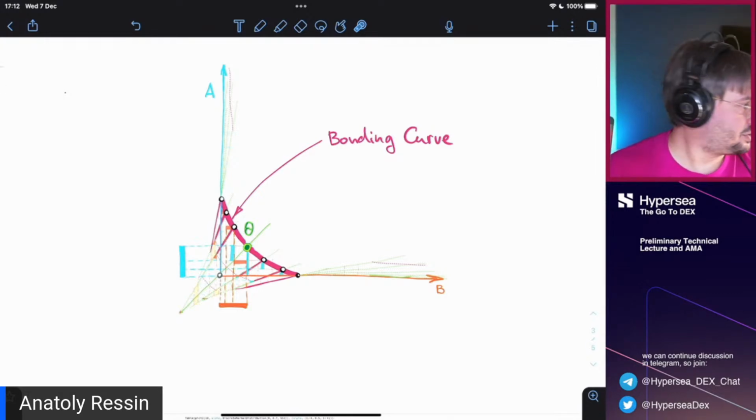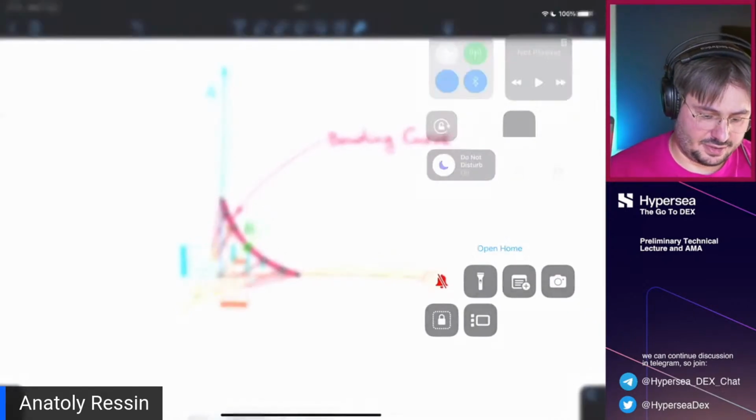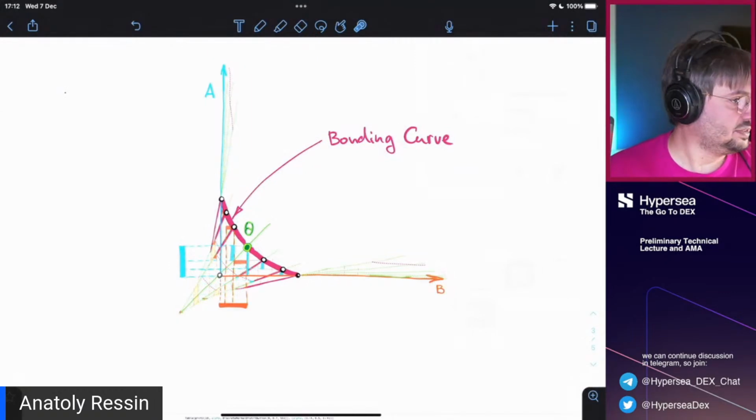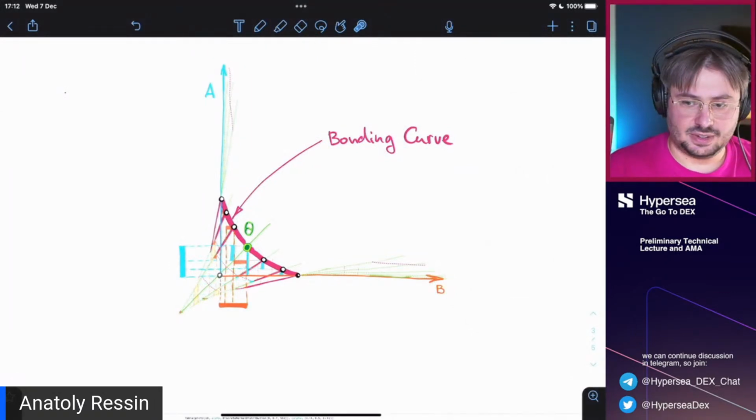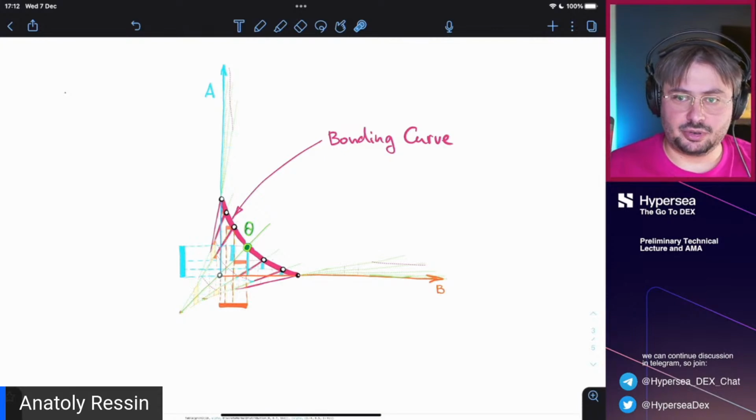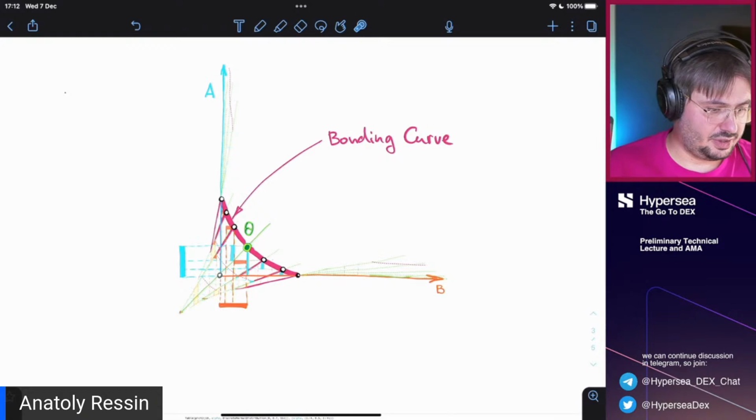Probably I can show some part of real trading curves that are used by Uniswap version 3.